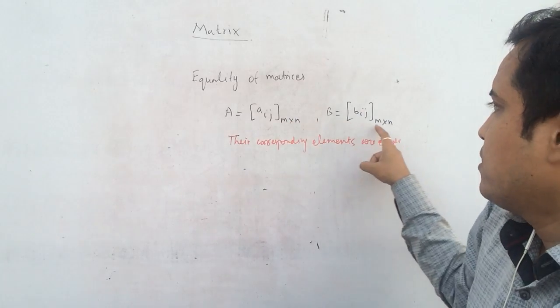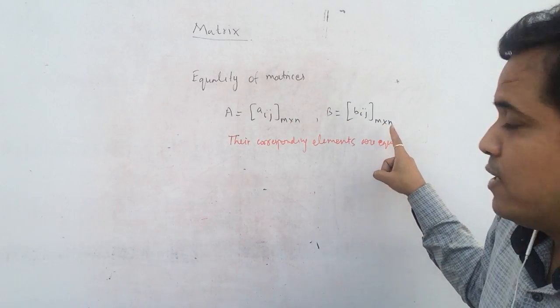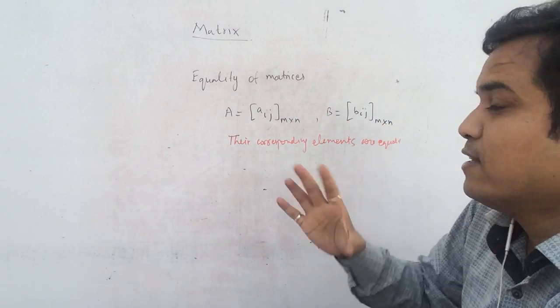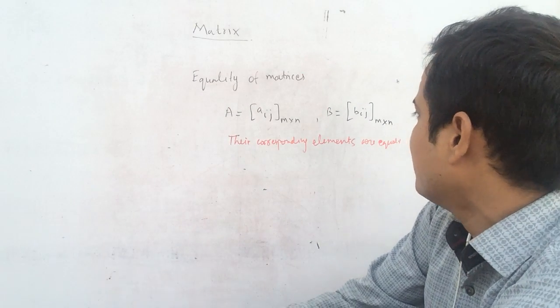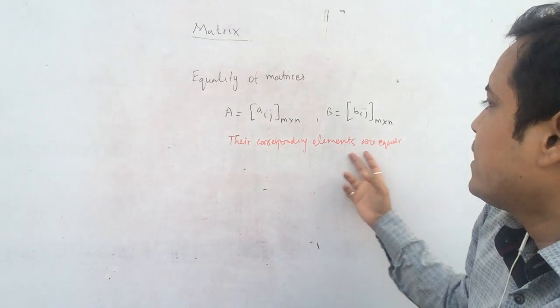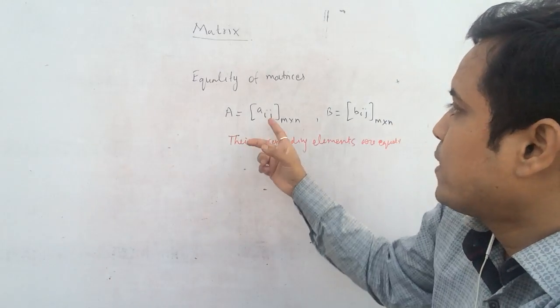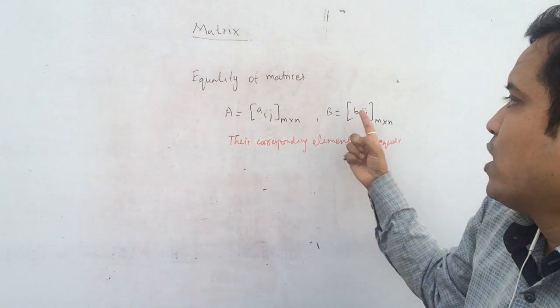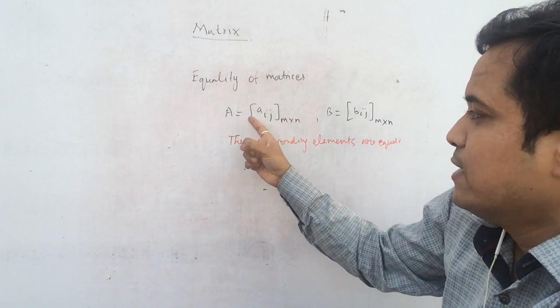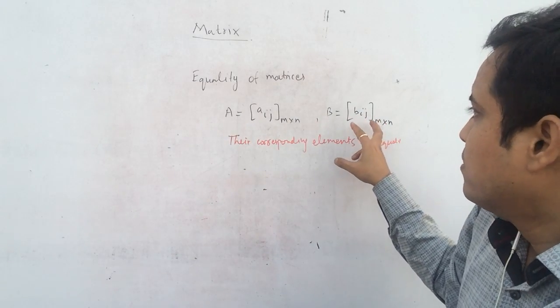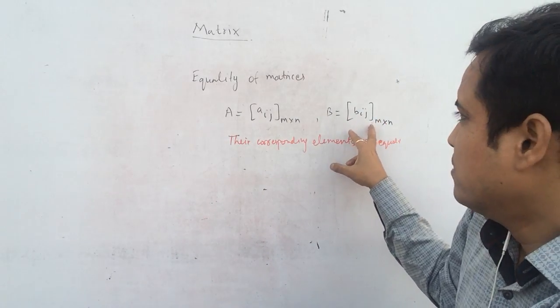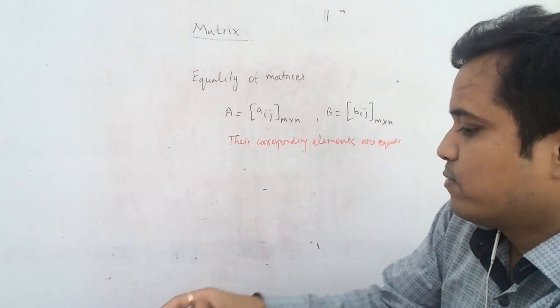Here you see M cross N, here is also M cross N. If you place here N cross P, then there would be a problem. So we'll justify this with an example. Their corresponding elements are equal. So what are the corresponding elements? A11 of that matrix should be equal to B11 of this matrix.